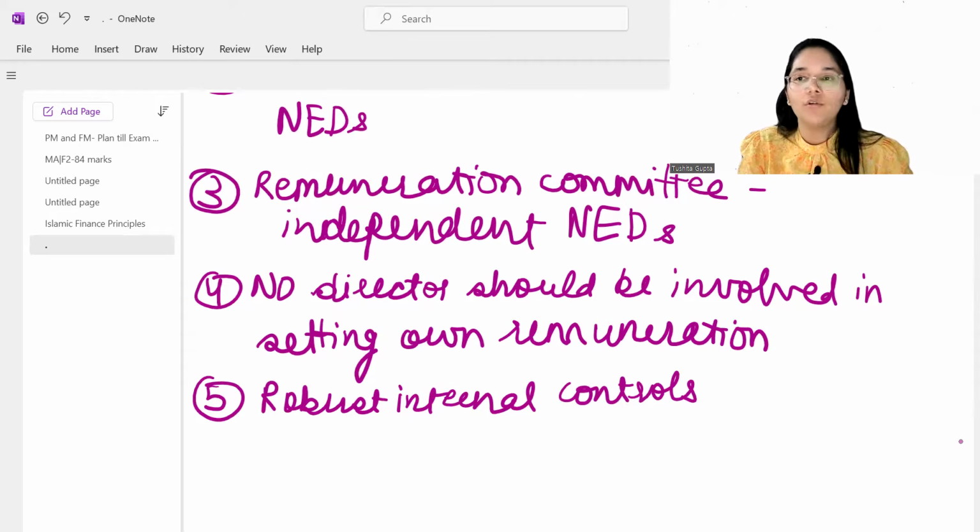So it could be using ID cards to enter the business premises so that no one from outside is able to enter. Probably, setting people to authorize payments so that no payments are made which are not really needed by the business. These are a few examples of internal controls which can be put in. So to have good corporate governance, it is important that the business has robust internal controls. The business should have strong controls which prevent any wrong thing from happening in the business.